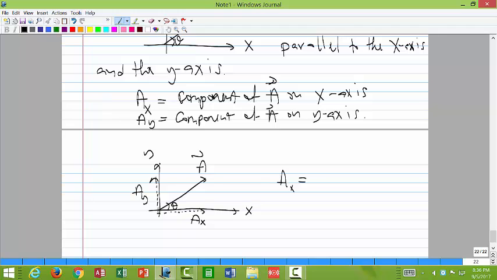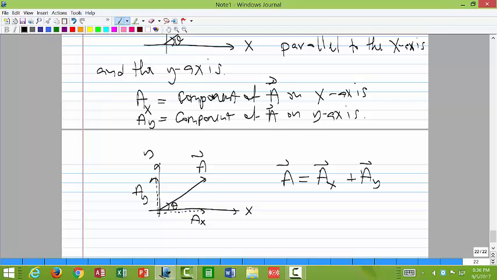Okay, so we can say that the vector A can be written as Ax plus Ay. Actually, before I get into Ax i hat, let me just do it this way. Ax plus Ay.